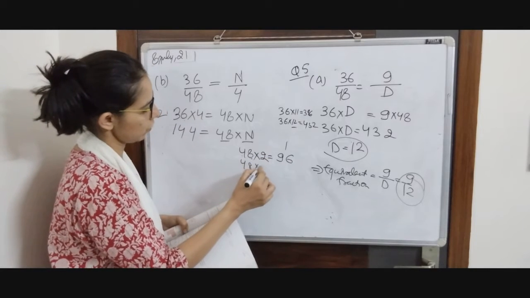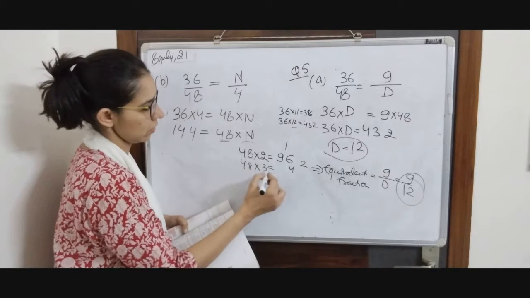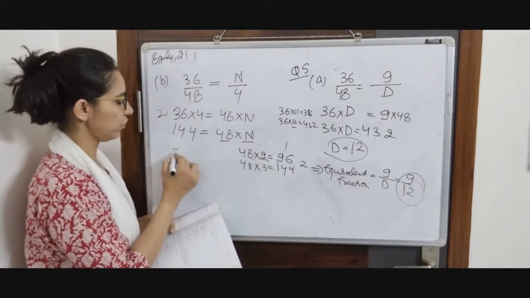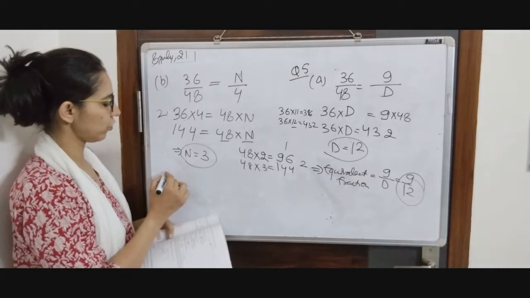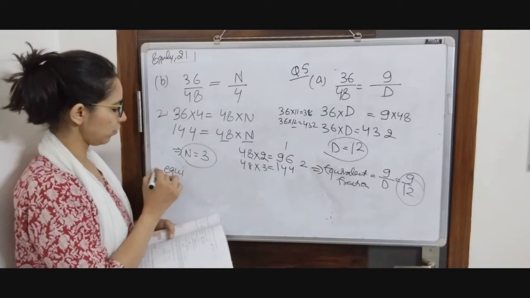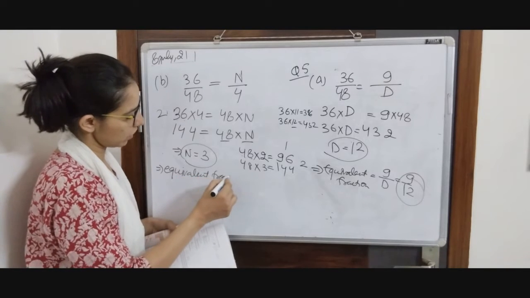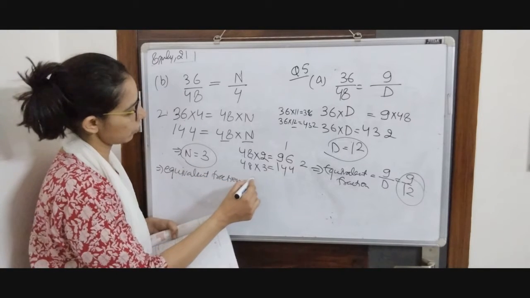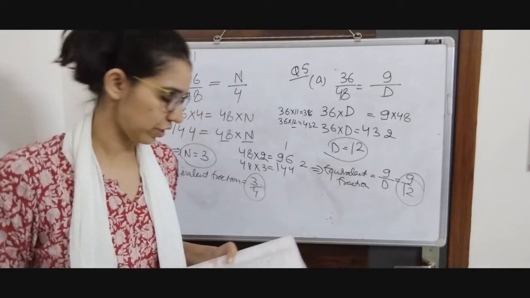Then we are going to do with 3, it is going to be 144. It means your n should be 3. Okay, so this is n is equal to 3. Implies your equivalent fraction will be 3 by 4. Okay, this is the required fraction.